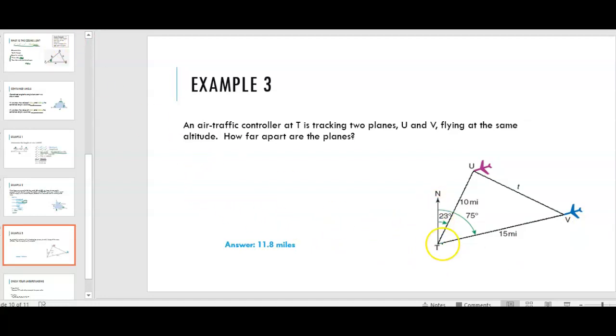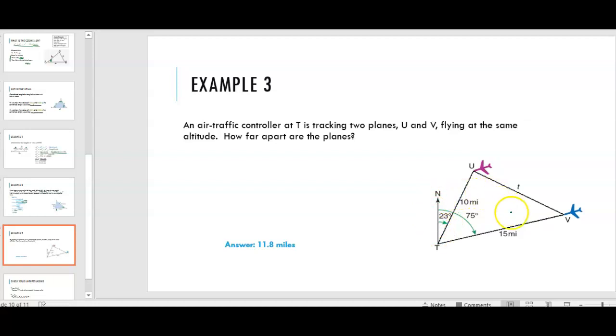Based on the diagram that we have, the angle from north to the line from the controller to the airplane U, let's start with U first, is 23 degrees.